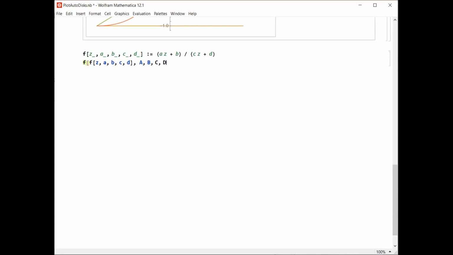Why can't I do that? Because D stands for derivative in Mathematica. So if I try to use it like that, it won't work. So I'll do E, F, G, H.